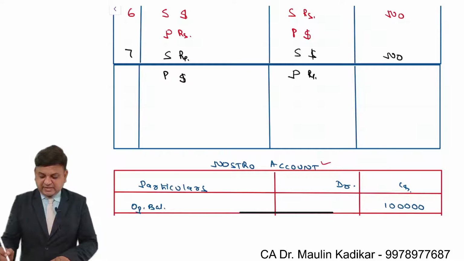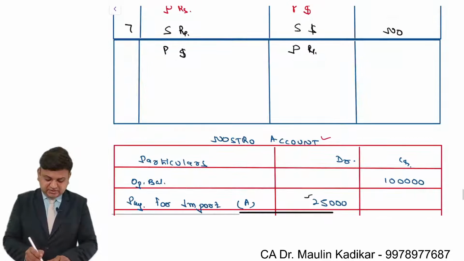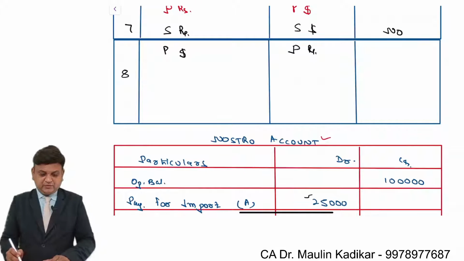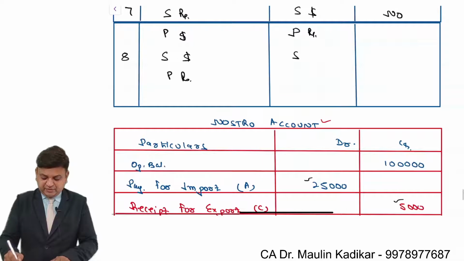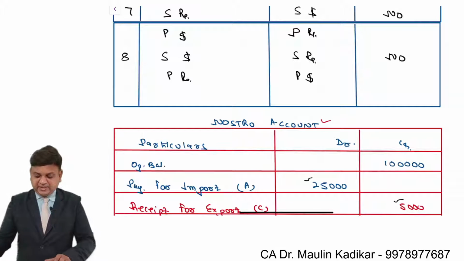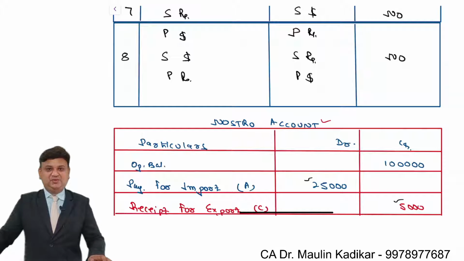Will it have impact in the Nostro account? Answer is no. For the 8th, the DD is cancelled. So student point of view sell dollar, purchase rupees, and from bank point of view it is sell of rupees and purchase of dollar. Will it have impact in the Nostro account? The answer is no.